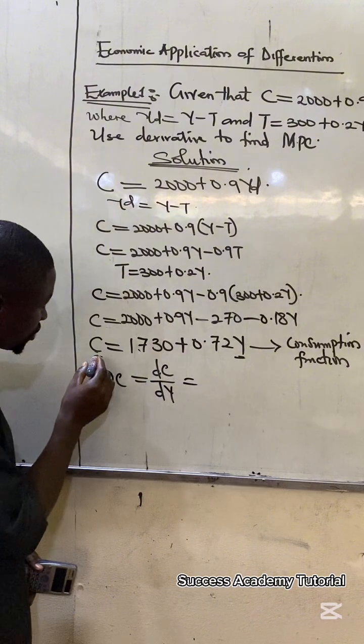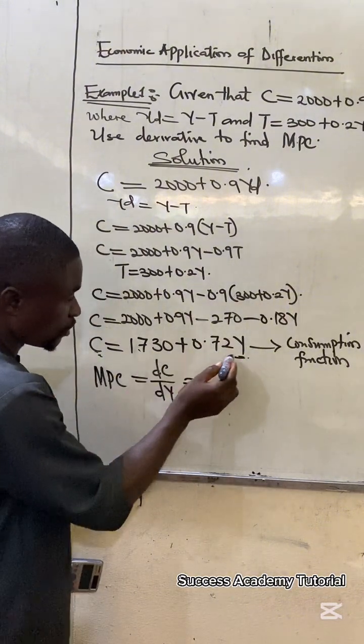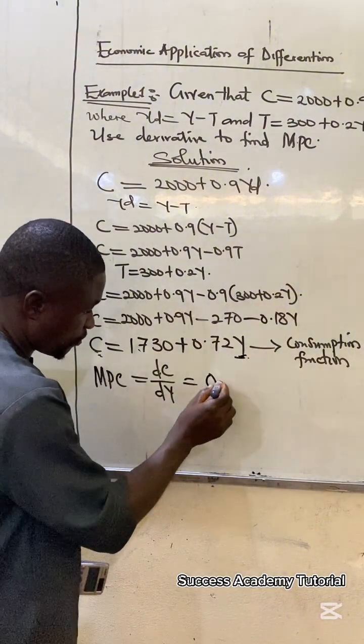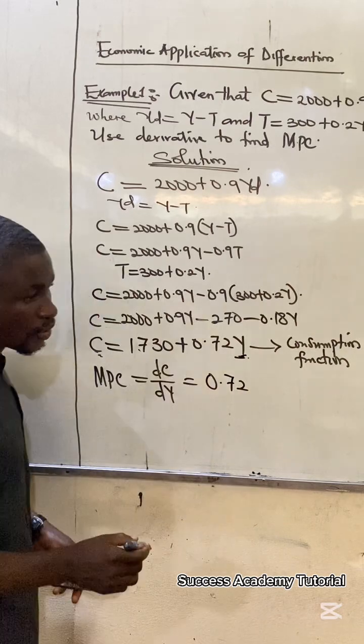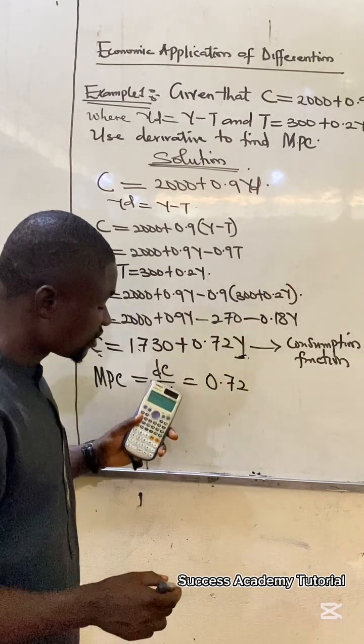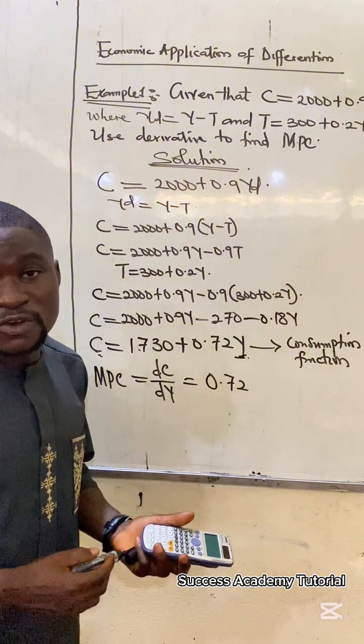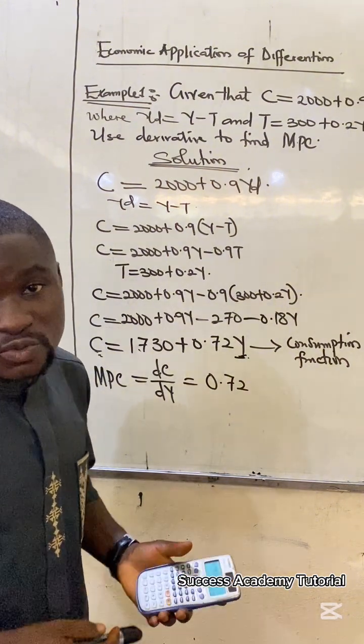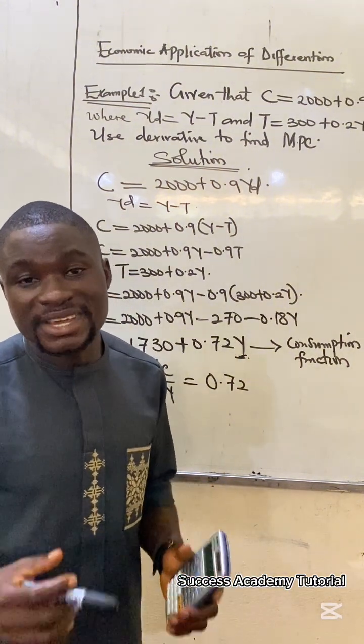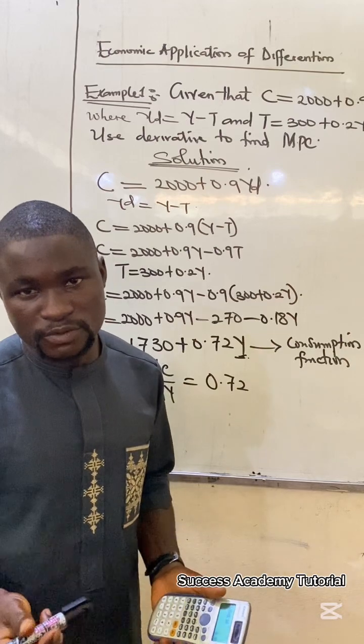So if you differentiate this function with respect to y, it's going to be 0.72, which is also the slope of the consumption function.